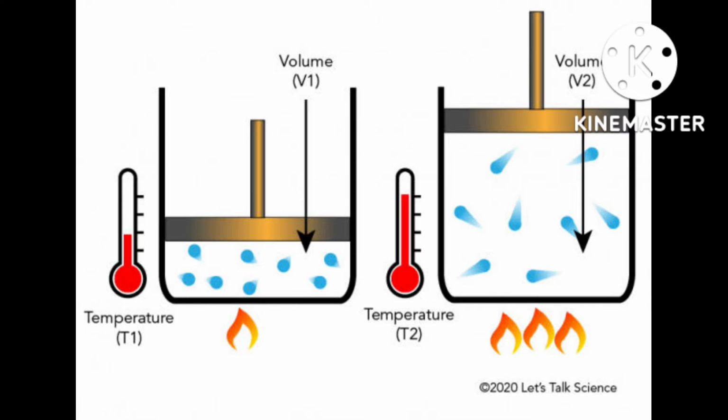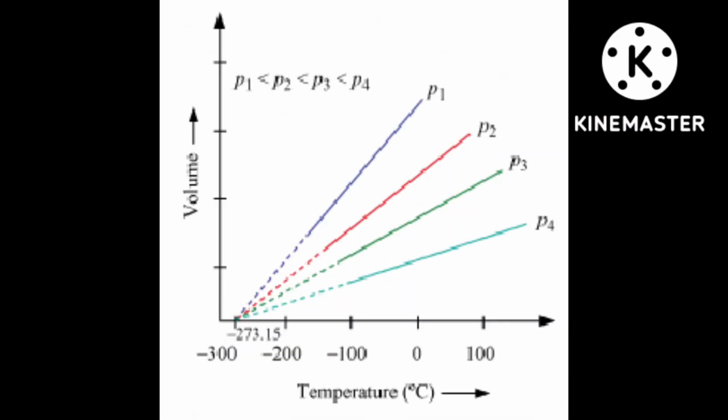Means Vt upon V0 is equal to Tt upon T0. This is Charles' law. But now you can simplify further. Vt upon V0 is equal to Tt upon T0. Now in terms of V1, V2 you can also write, and T1 and T2, like that.